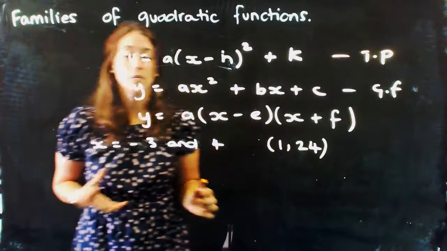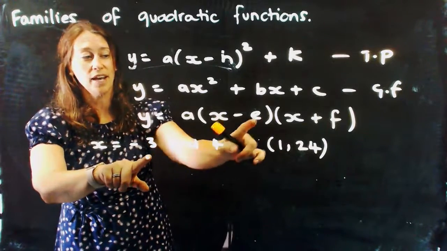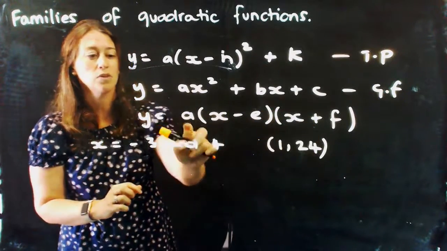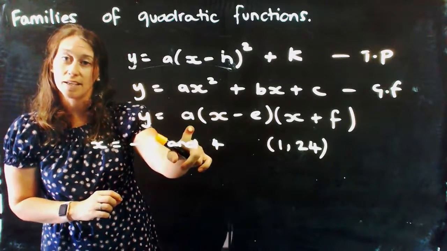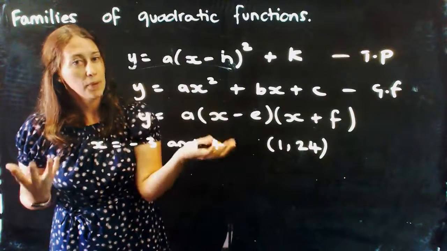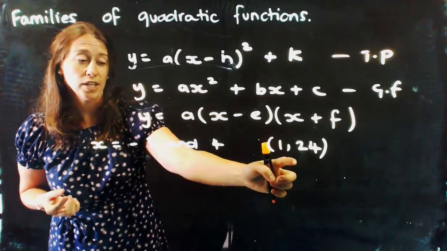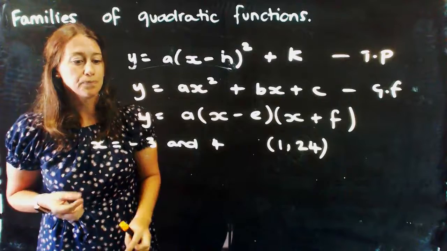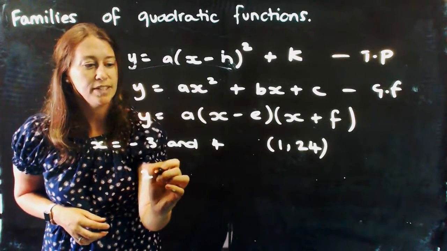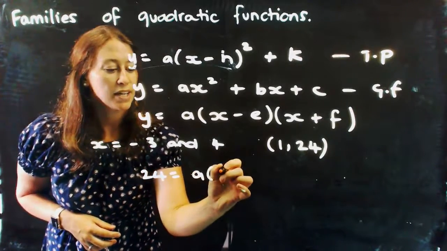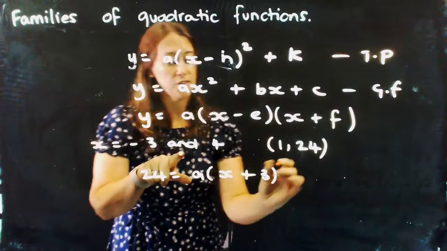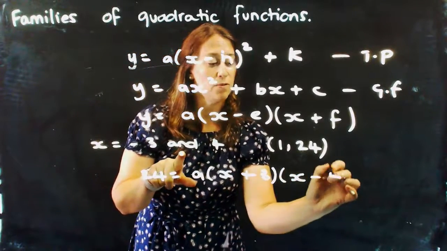I'm going to place in the x-intercepts here, because we know that in factorised form we have the x-intercepts, but of course we need to find out what a is. a may be 1, in which case it's just factorised form, but it might not be. So we have to use this coordinate to find out what a is. Let's substitute all three things in. We get 24 equals a bracket x plus 3 and x minus 4.